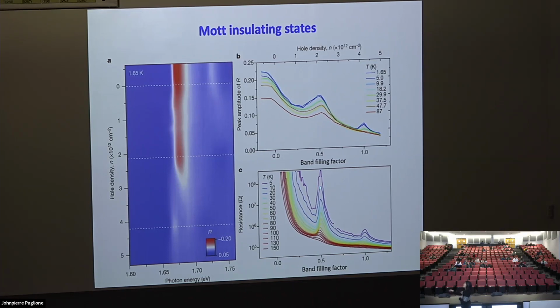Of course this is not very nice because it's sitting on this large background. Tomorrow you will see much nicer, later device measurement results. For example, you can tell from resistance as a function of temperature, and do an activation fit to figure out how large the gap is, and you can compare to a model.